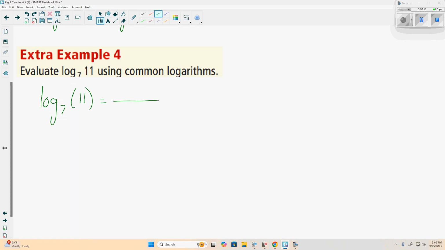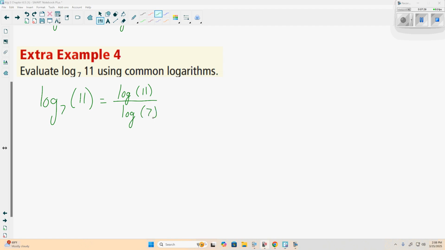Now the next one that we have is log base 7 of 11 here. So if we rewrote this with the change of base, this would be what? Log of 11 over log of 7.